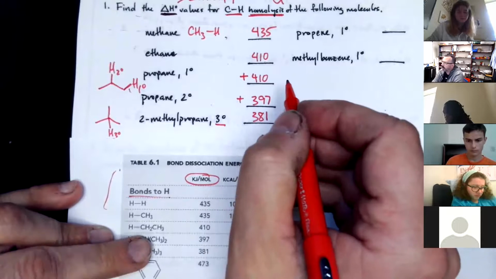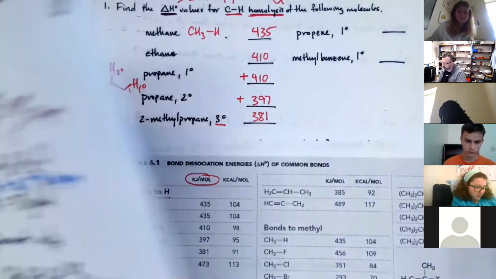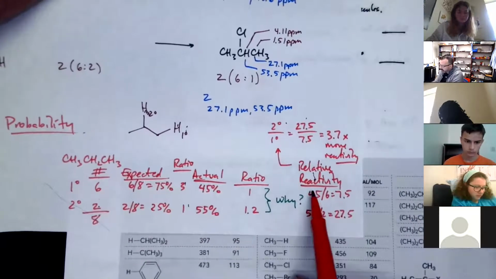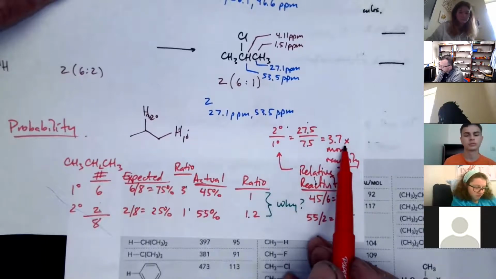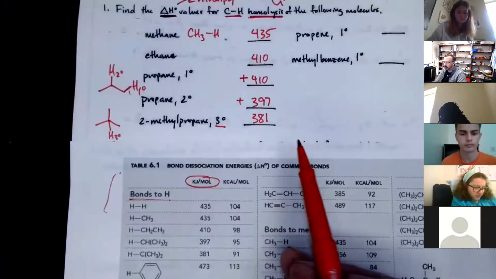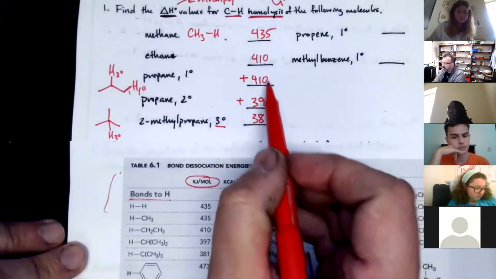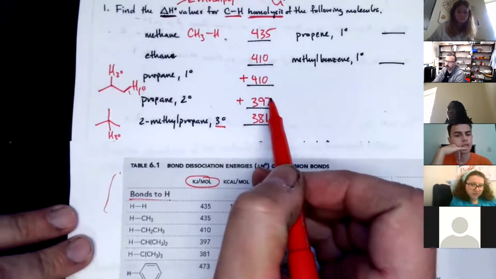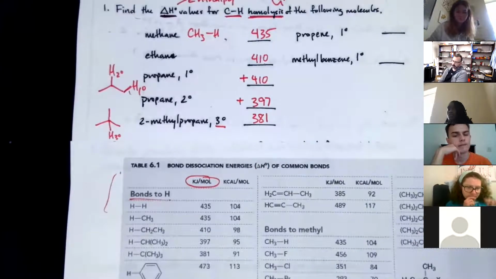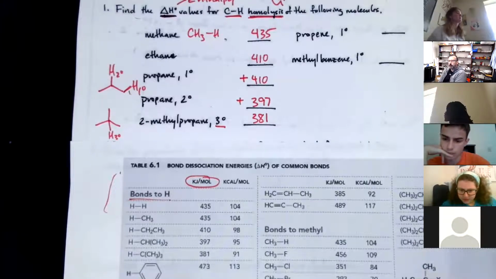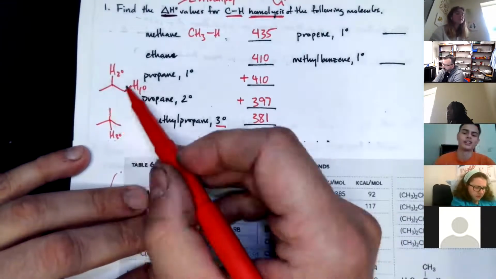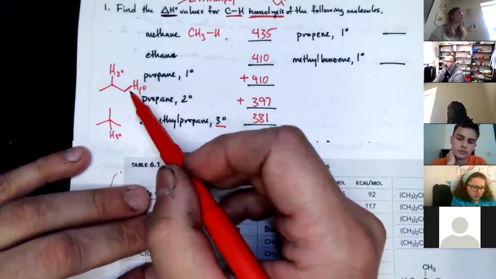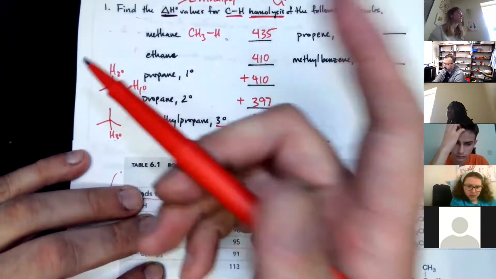Now, considering this logic here, we said secondary was 3.7 times more reactive than primary. Does this make sense with these numbers? So Rosemary just sort of answered that. You think about you have this molecule and you are applying, say you have like a blowtorch.